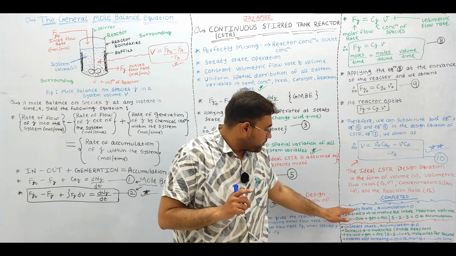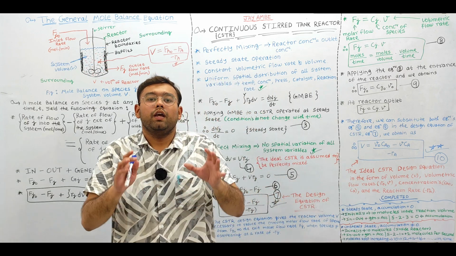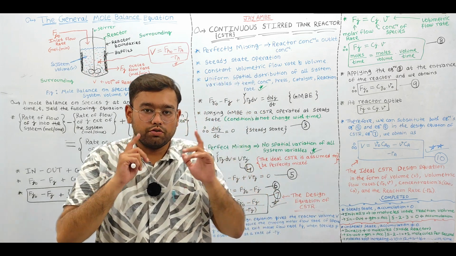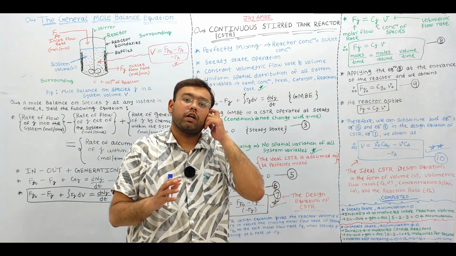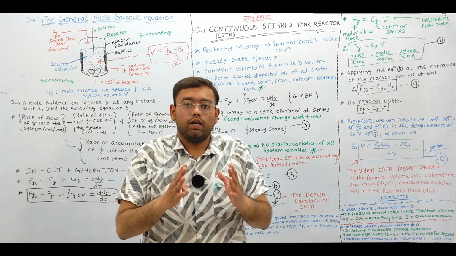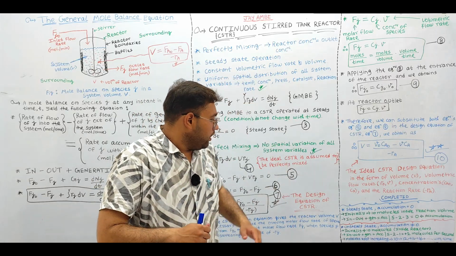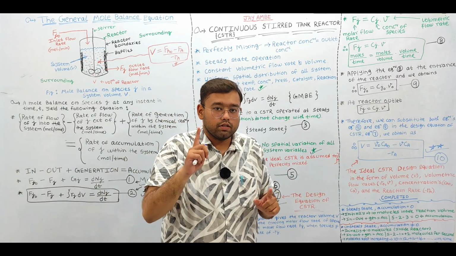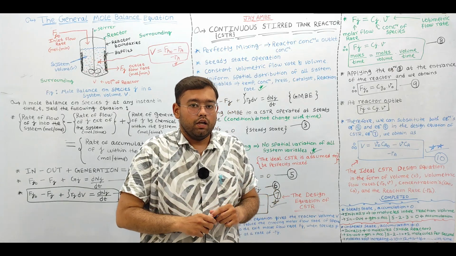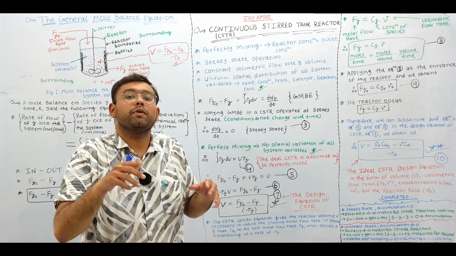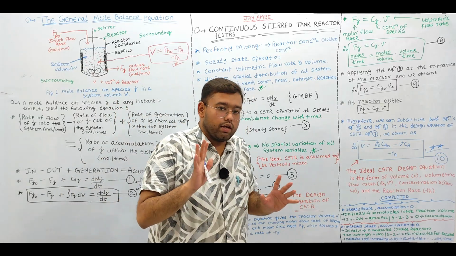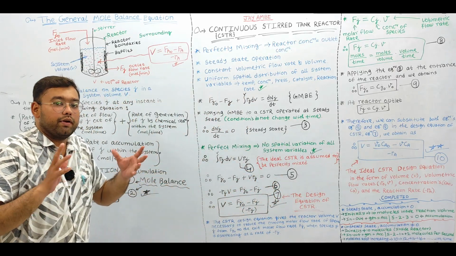In steady state operation the accumulation term is equal to 0, and in the unsteady state the accumulation term is not equal to 0. Firstly, we are understanding the steady state, where the accumulation is equal to 0. So how is the accumulation term equal to 0? We'll understand both in comparison.